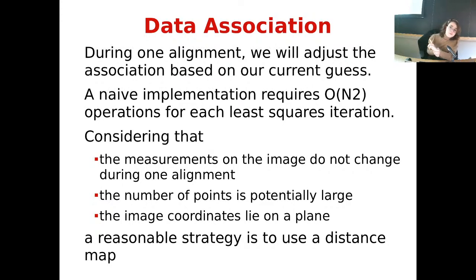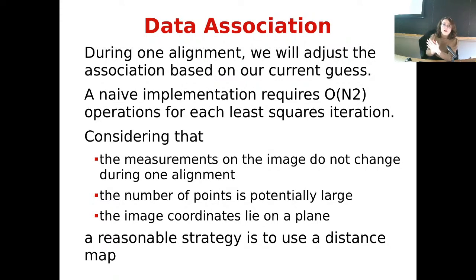But we can do better than the naive implementation because we can use the distance map. This is because image points lie on a plane, and the measurements on the image do not change during one alignment, so we can build the distance map once for all and then use the same distance map on the measurements for all the iterations of least squares.